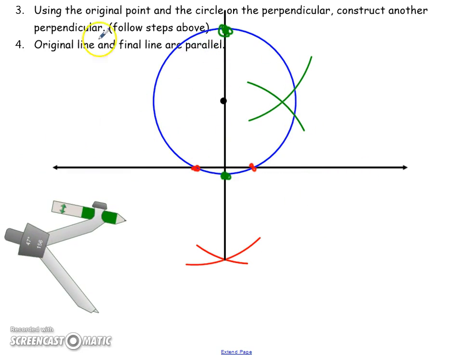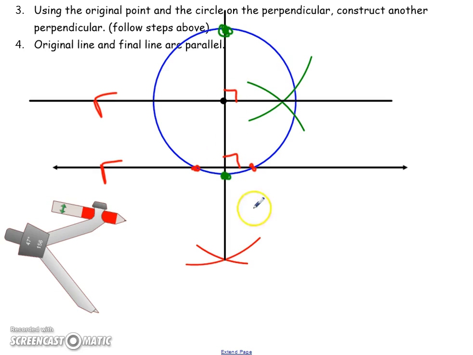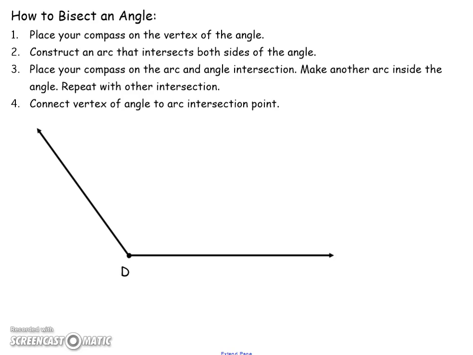And where those two meet, I'll take my straight edge again and connect through that original point. And I've created parallel lines. So my original line is parallel to my final line because both of these came out as perpendiculars.